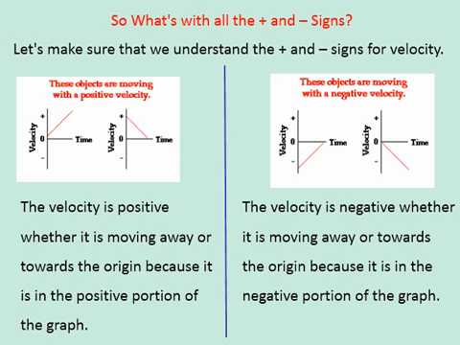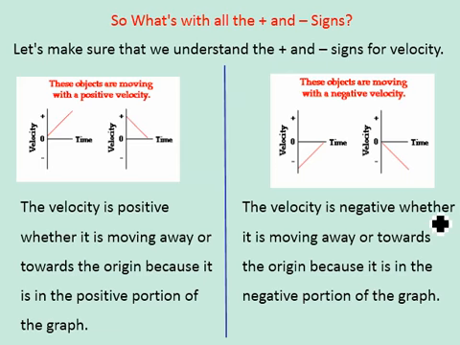All right, so if you look here, even though the slope of this line is positive and this one is negative, that's telling us something about the acceleration. The velocity values themselves are all within the positive range or the positive y range of the graph. So as a result, they have positive values.